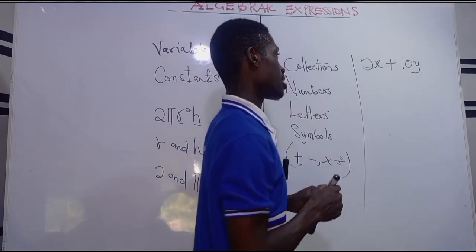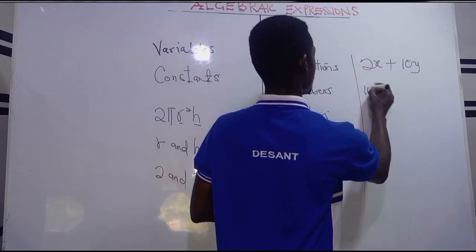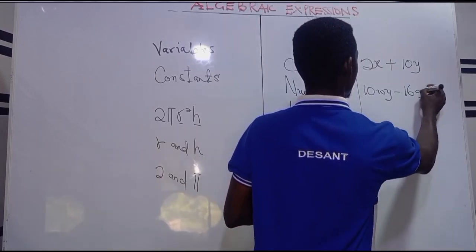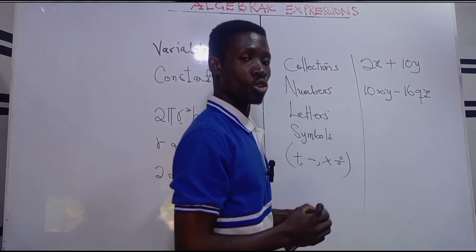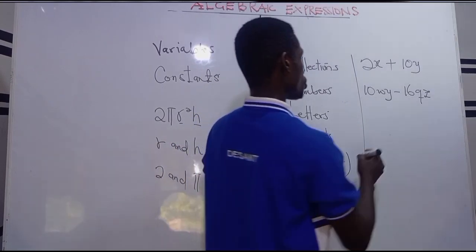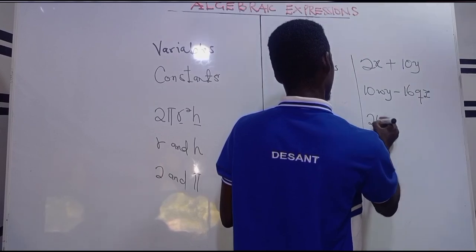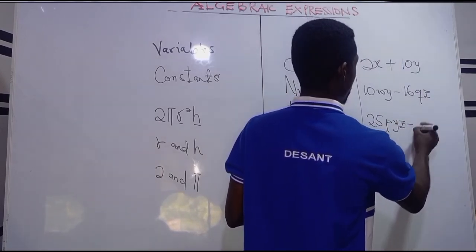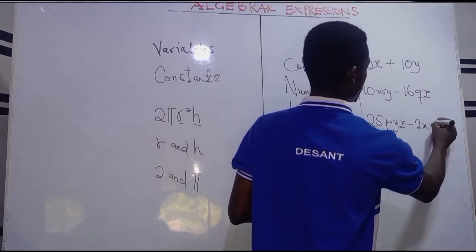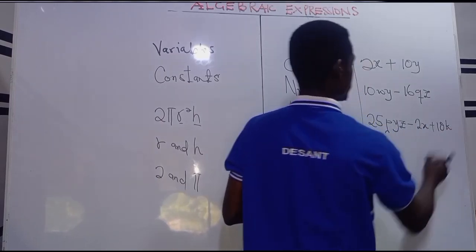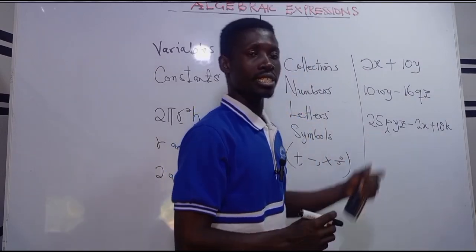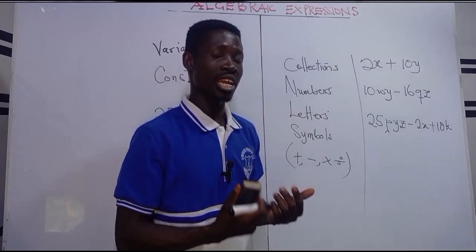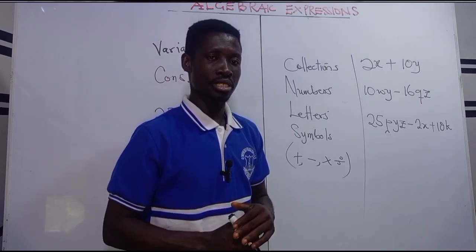Another example of algebraic expression is 10wy minus 16qz. This is also an algebraic expression. We can also talk of, let's say, 25pyz minus 2x plus 10k. This is also a classical example of algebraic expression. I hope you can give examples of algebraic expression.